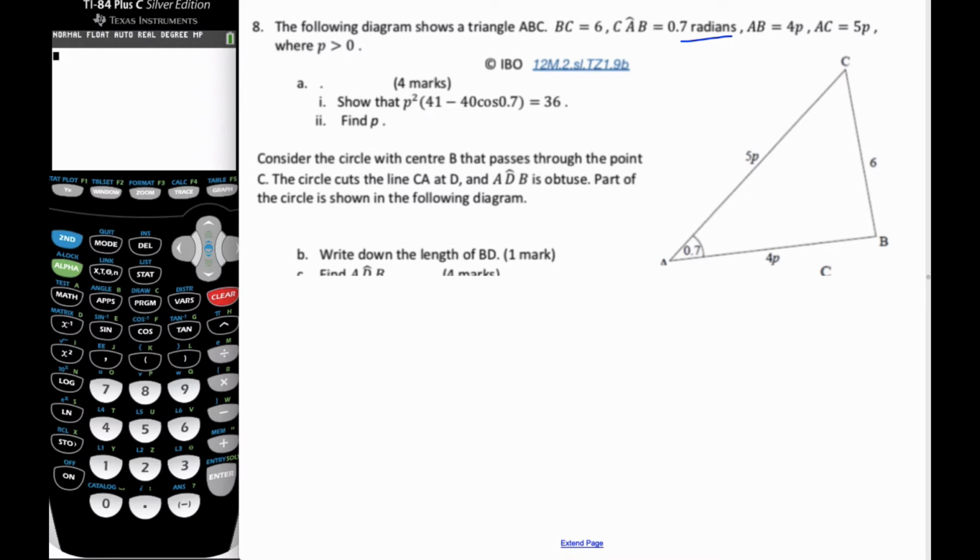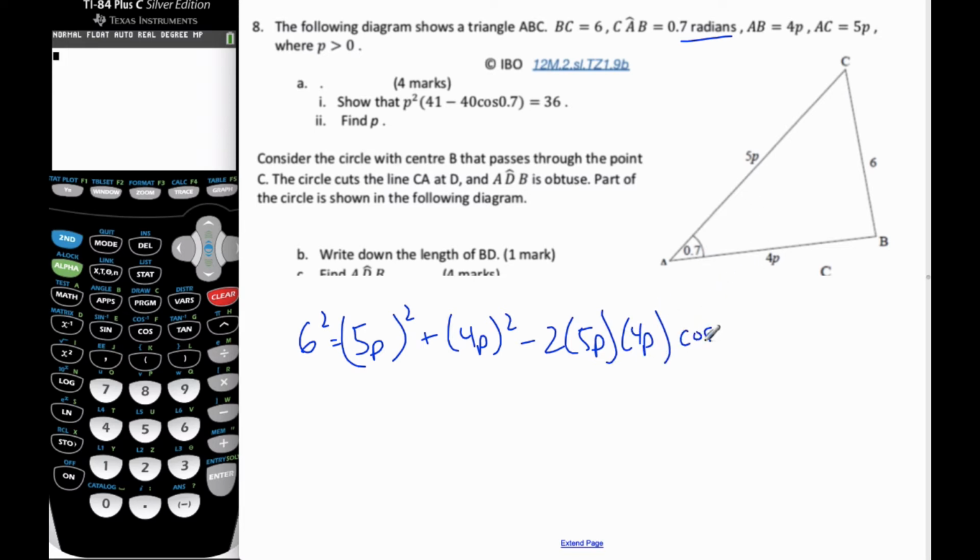And so, using the cosine law, I know that 6 squared is equal to 5p squared plus the 4p squared minus 2 times 5p times 4p cosine of 0.7.